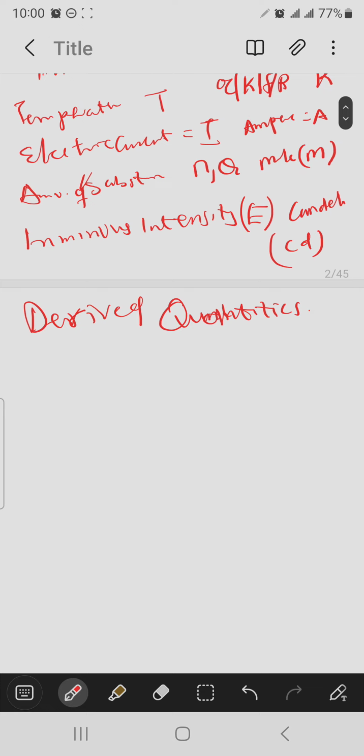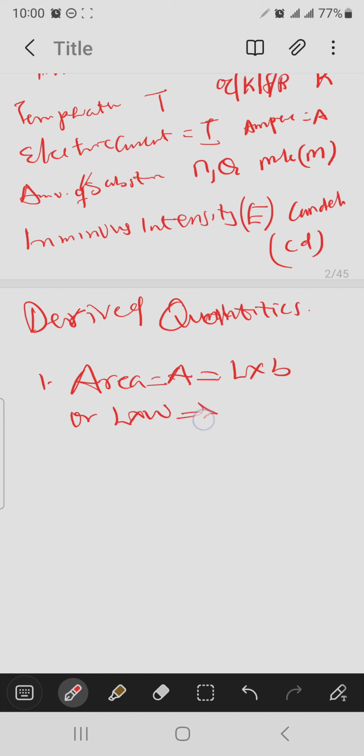One of the examples, the first example I will talk about, is area, equals A. The unit of area is going to be length times breadth, it depends, or length times width. But it's going to be in meter multiplied by meter. That's the unit; we are concerned about the unit. Meter by meter.